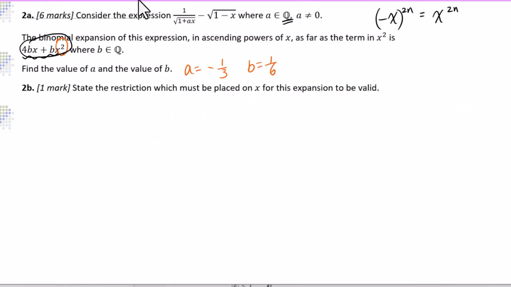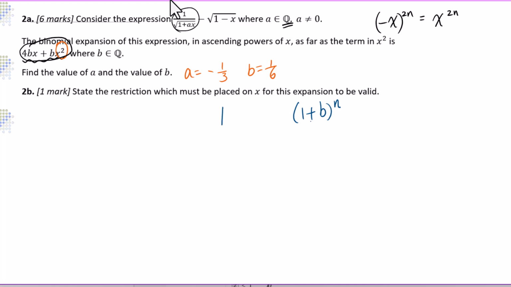2b. State the restriction which must be placed on x for this expansion to be valid. Only absolute value of b less than 1 makes this expansion valid. So for these expressions, we have two expansions.